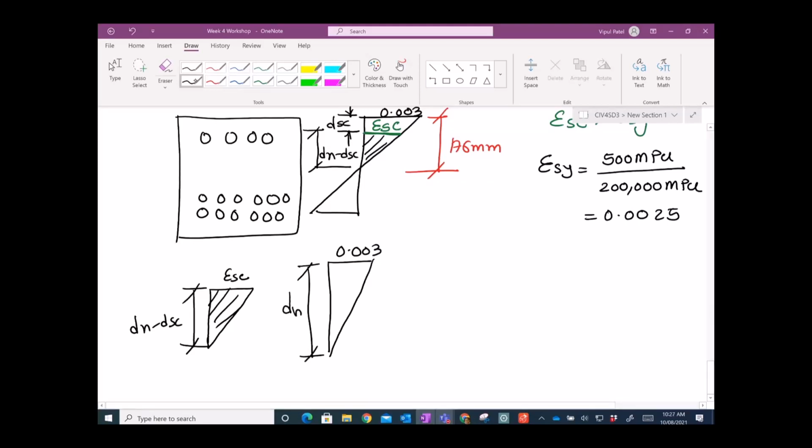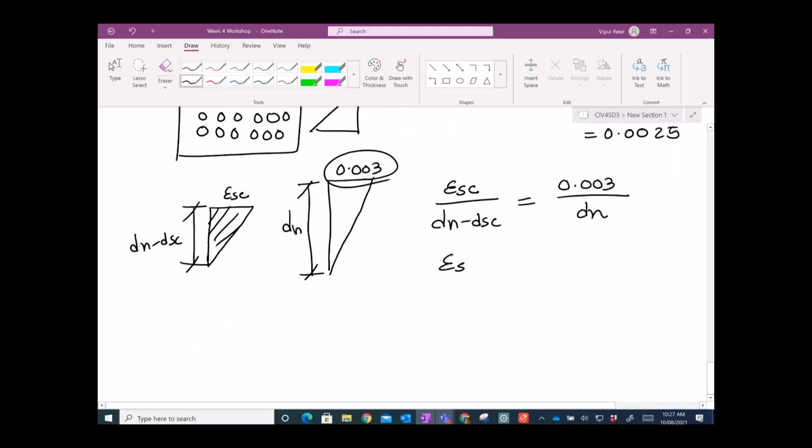So similar triangles: horizontal distance over this vertical distance is equal to horizontal distance over this vertical distance dn. So if I want to calculate the strain, 0.003 times (dn minus dsc) over dn.